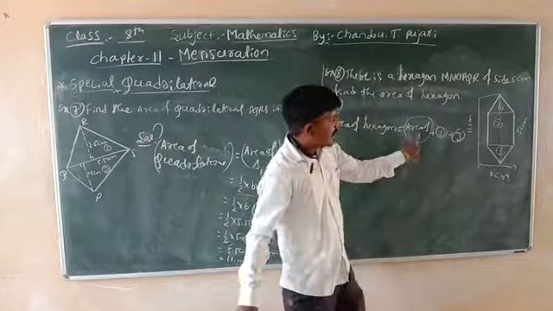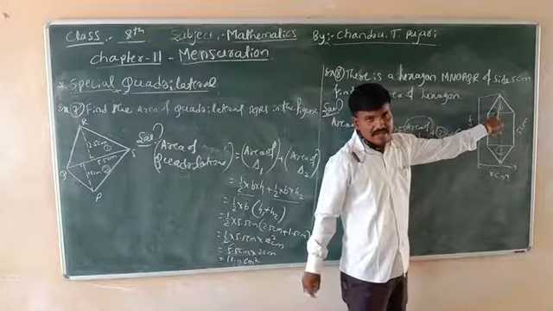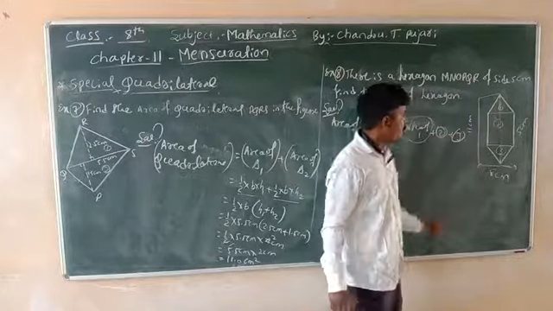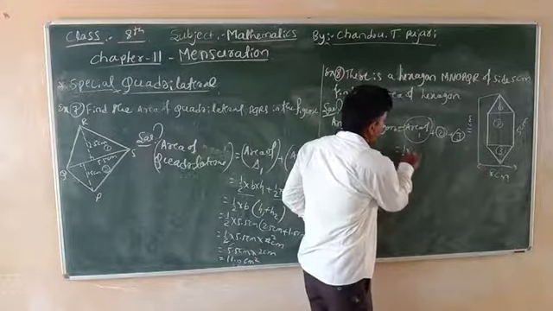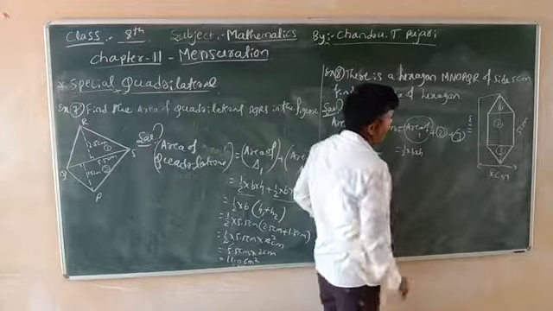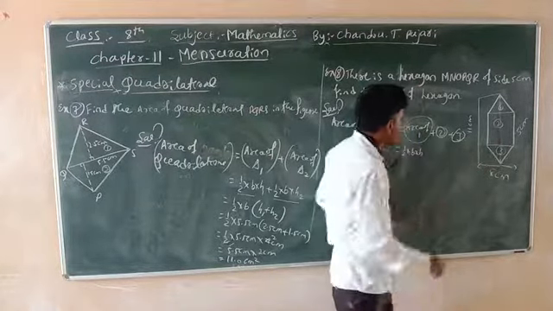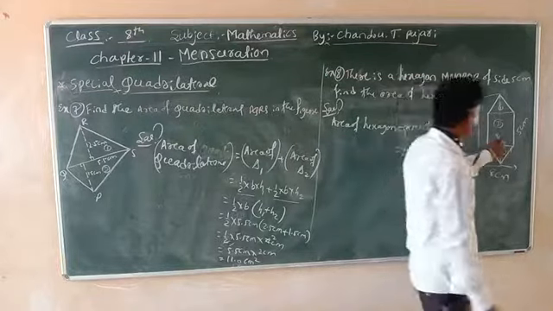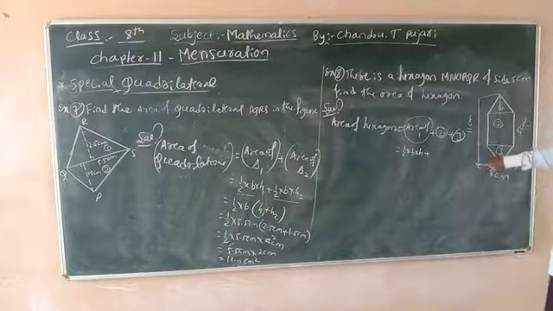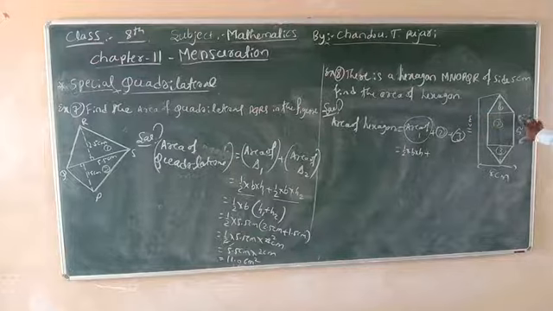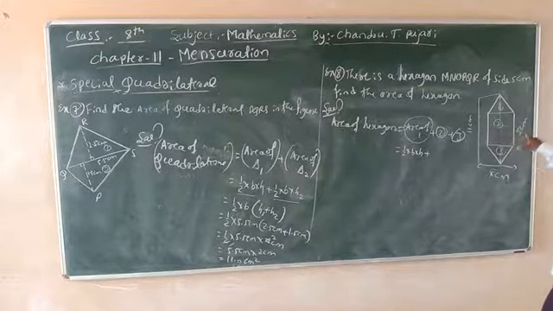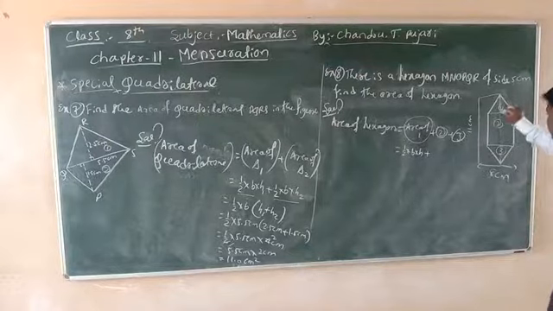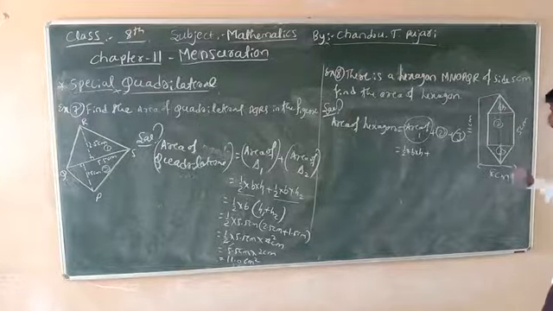Area 1 is a triangle: 1 by 2 into base into height. Plus these two triangles are the same. Plus in between this is 11 centimeter, this is 5 centimeter, so 11 minus 5 is 6. This height is 3, and this height is 3 as well.